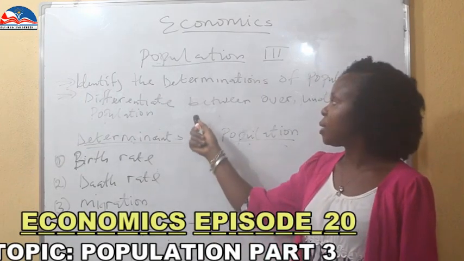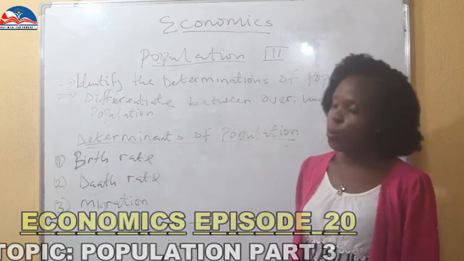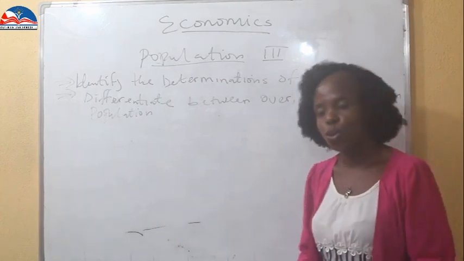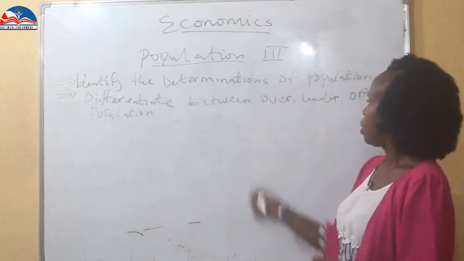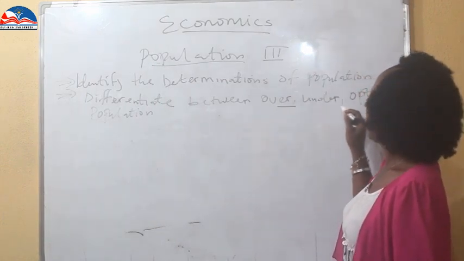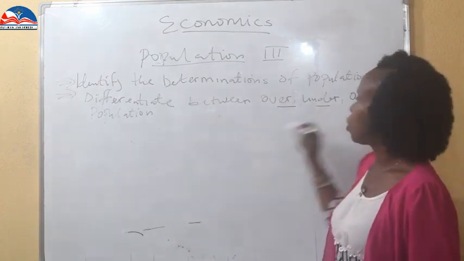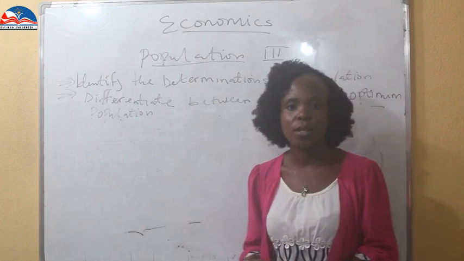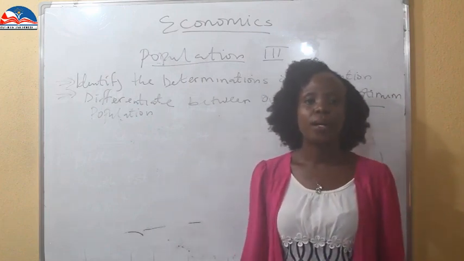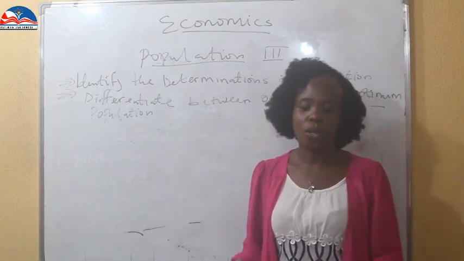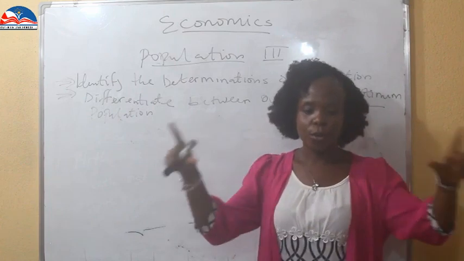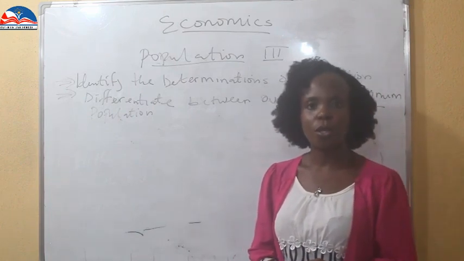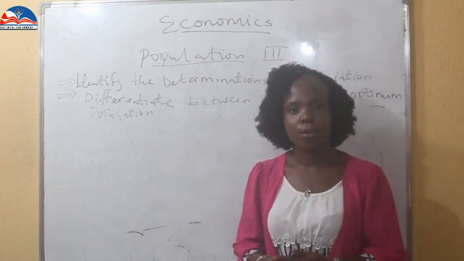Now let's look at the difference between overpopulation, underpopulation, optimum population. Let's take overpopulation. Overpopulation is a situation whereby the resources available are not able to cater for the number of people that live in a country, a geographical region, a particular landscape.